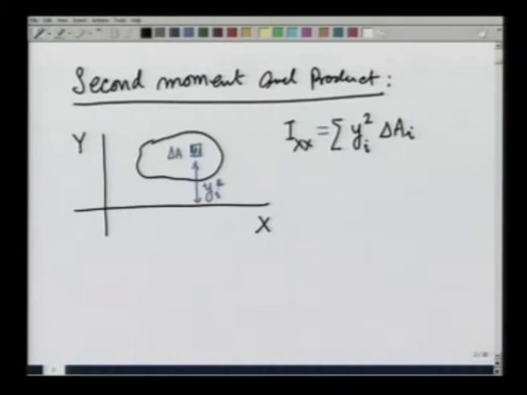This is the second moment of this area with respect to the x axis, and this obviously goes to the integration y square dA.